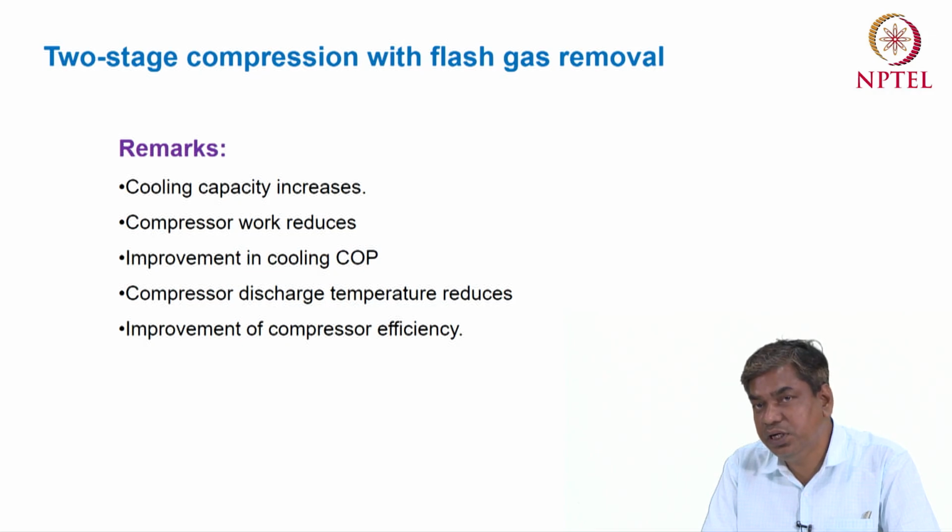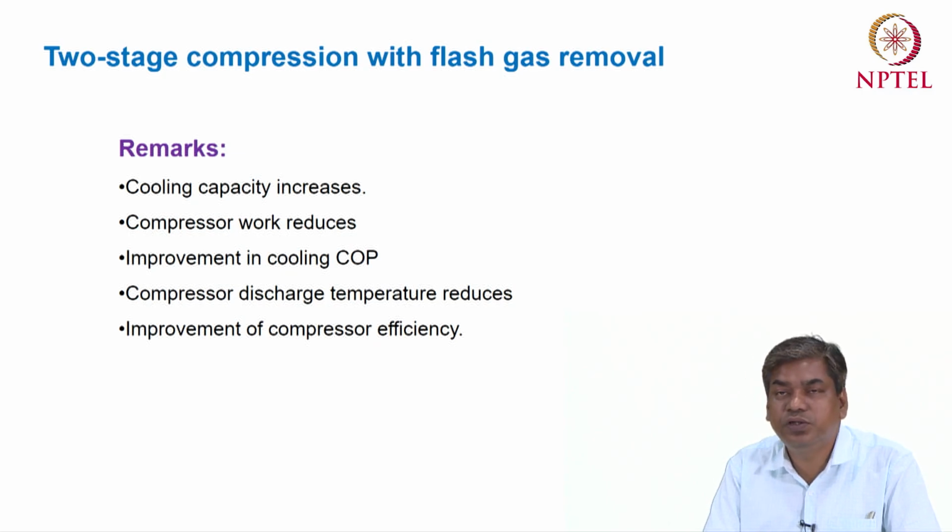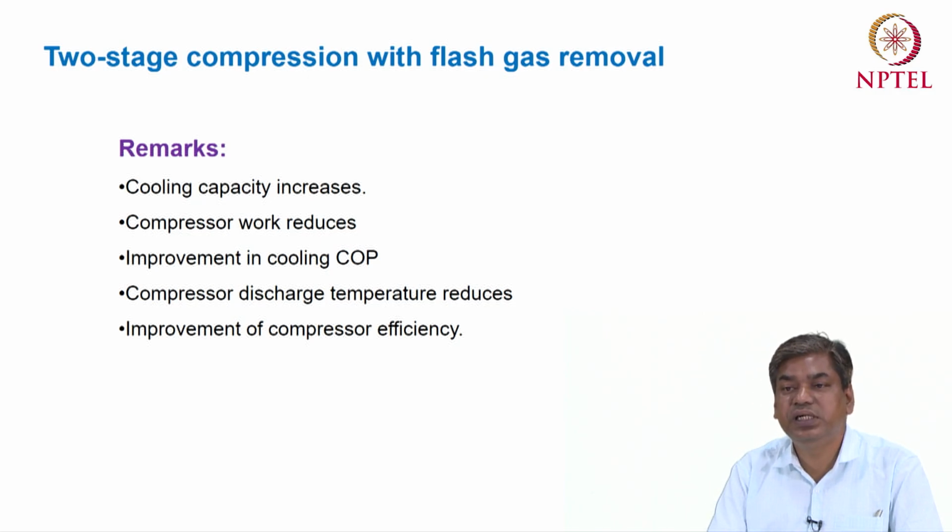As I have already told, the main purpose of multi-stage compression is the reduction of compressor discharge temperature and also the compressor work. Apart from that, we also get various advantages by using the two-stage compression with flash gas removal. Another thing is the improvement of compressor efficiency, which I discussed in the previous lecture.